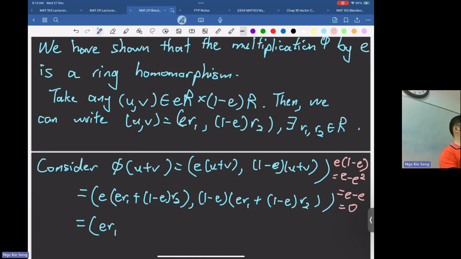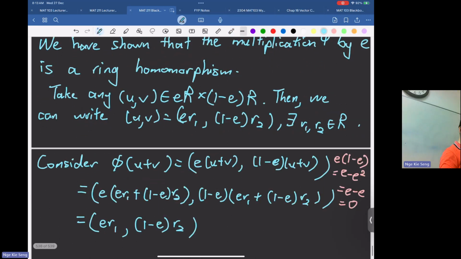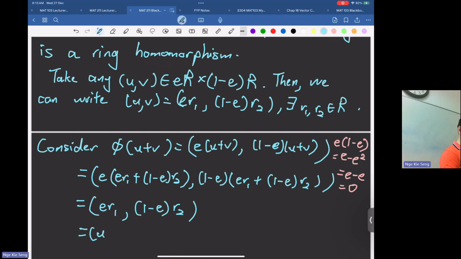So when E and 1 minus E multiply, they get 0. So the r2 term gets killed in the first one. Similarly, on the other side, because you're multiplied by 1 minus E, the (1 minus E) part survives, and then the r1 term gets killed because (1 minus E) times E is 0. So altogether you will get Er1 and (1 minus E)r2, which is u and v.